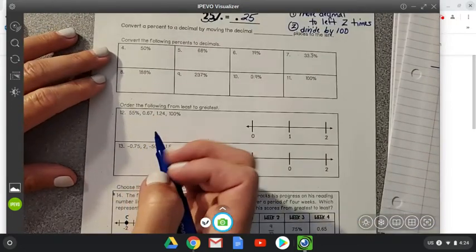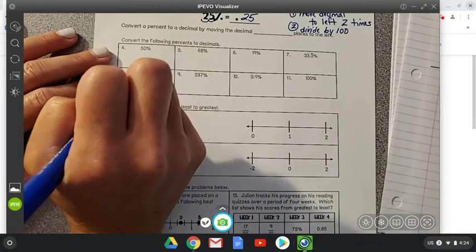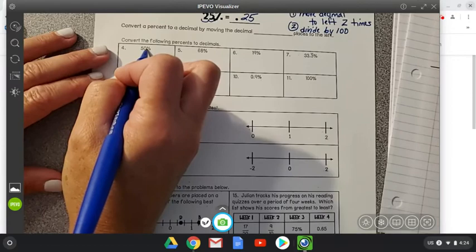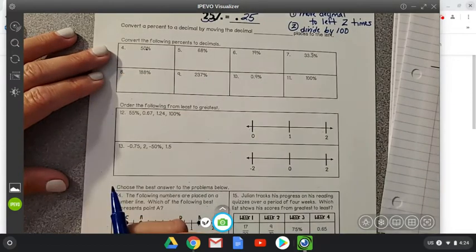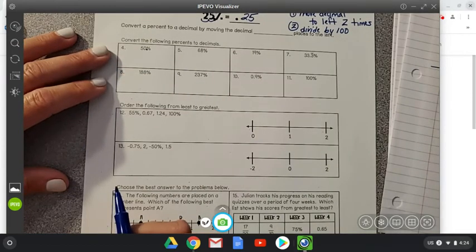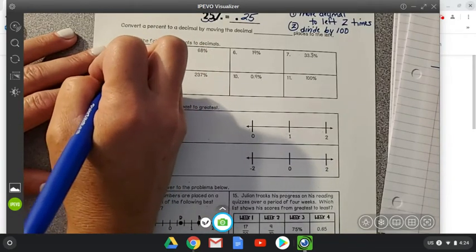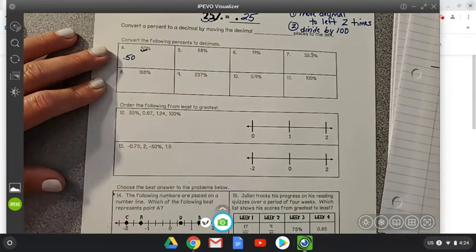So number 4, I'm going to start with moving the decimal point to the left. All right, so I have a decimal point right there. It's invisible. Okay, it's to the right of my number. If I move it 2 spaces to the left, I'm going to get 0.50. That's my decimal.